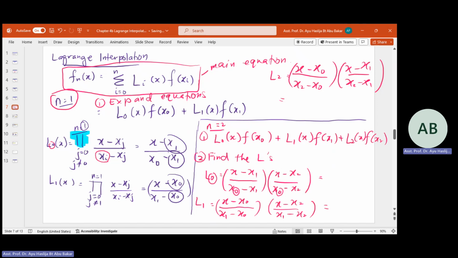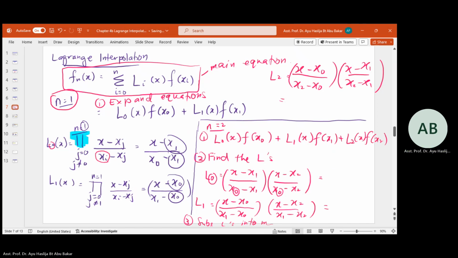Once you obtain the values, then only sub into the expanded equation. Step 3, sub the L's into the expanded equation over here.